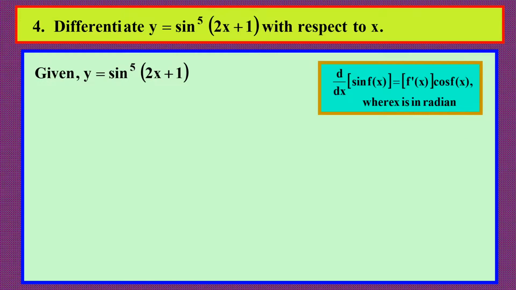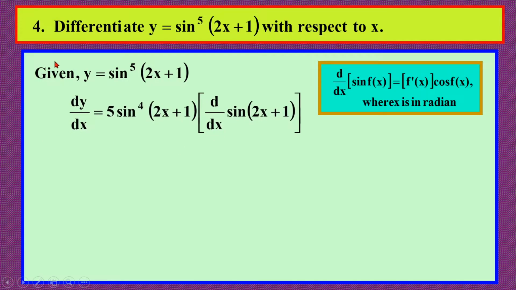So I'm going to deal with the composite method first. My index goes to the front, copy whatever is given, which in this case is sine 2x plus 1. Then index minus 1, so it's going to be 4. So I will write power of 4.